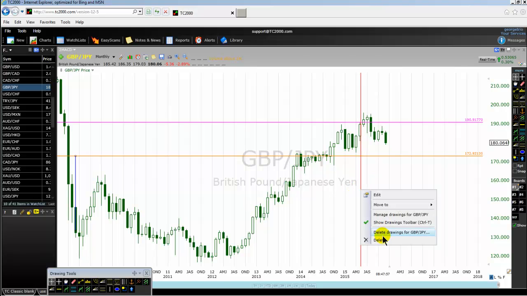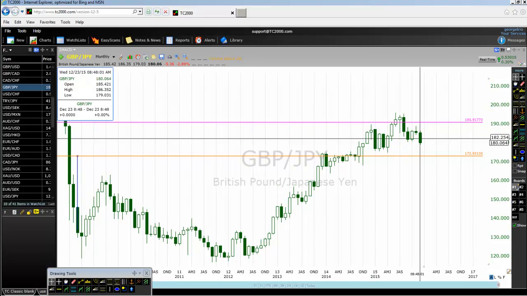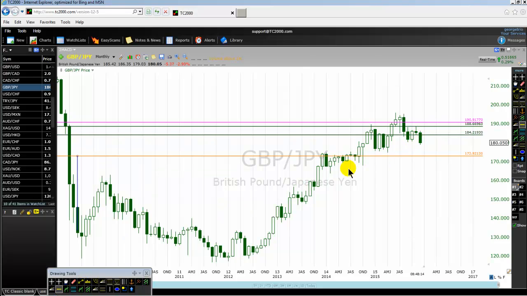So on a monthly chart, we do exactly the same thing. So the current month is this one here, the month of December 2015. So last month, we'll mark the high of last month, the low of last month, and also the median line of last month.